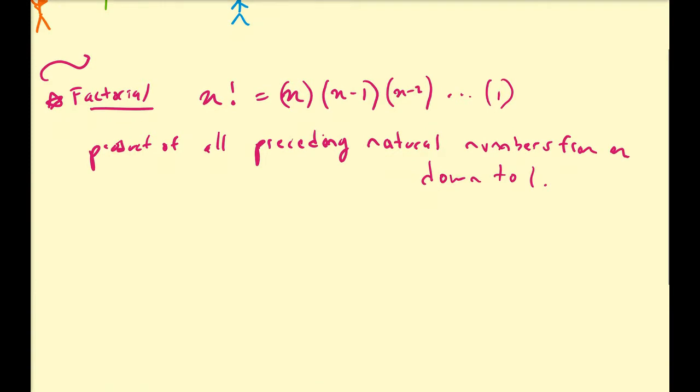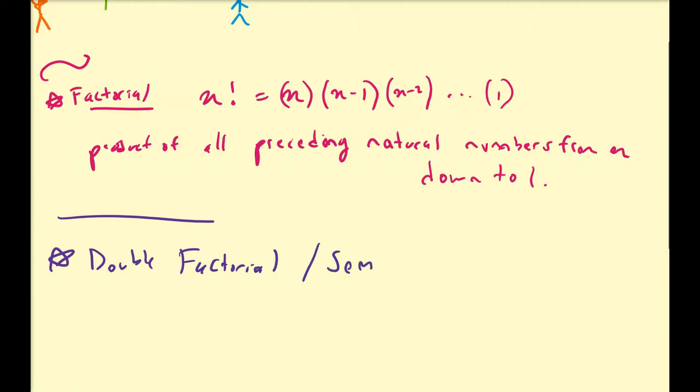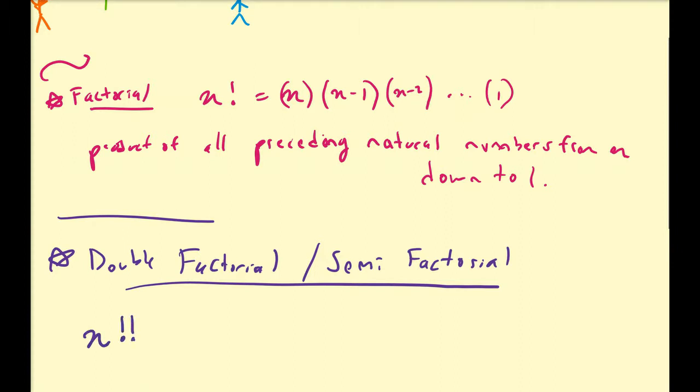Alright, so with that being said, let's talk about what a double factorial is. Some people call it a double factorial, and some other people call it a semi-factorial. Both of these terms refer to the same exact thing. The double factorial, which is n with two factorial symbols, is the product of n and all its numbers less than it, but in steps of 2.